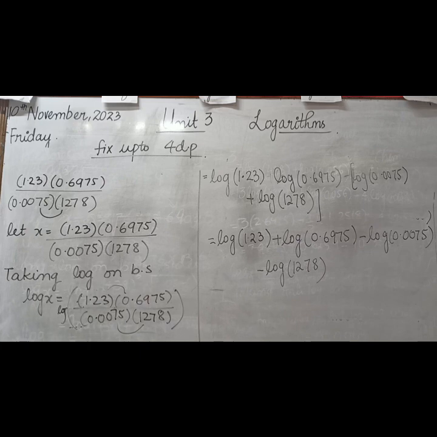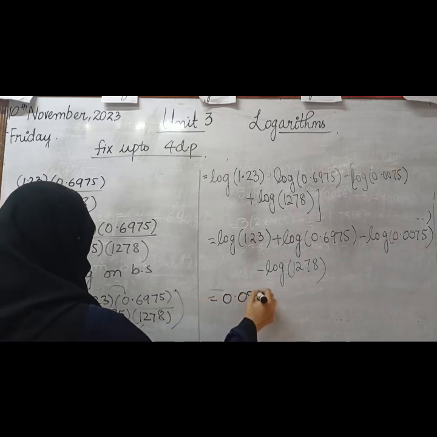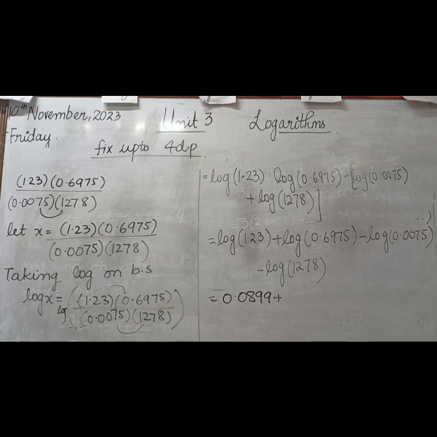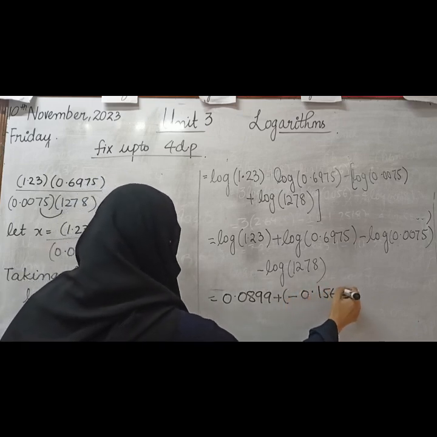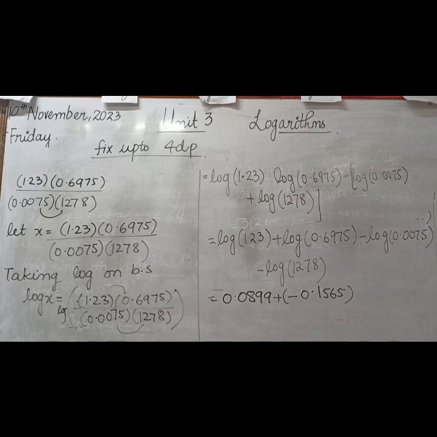Log of 1.23, which is equal to 0.0899 plus log of 0.6975, which is equal to minus 0.1565 minus log of 0.0075. This is equal to minus 2.1249 minus log of 1278, and this is equal to 3.1065.